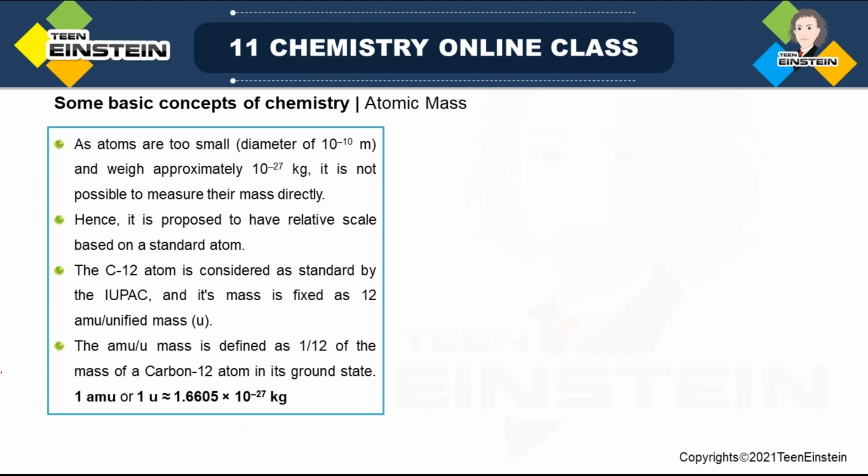Atomic mass. What is atomic mass? Atoms are very small, which is clear from this value: diameter is 10 to the power minus 10 meters. So you can understand from this dimension how small they are.